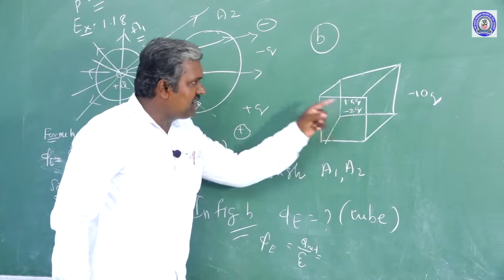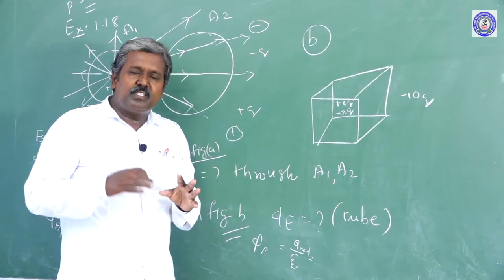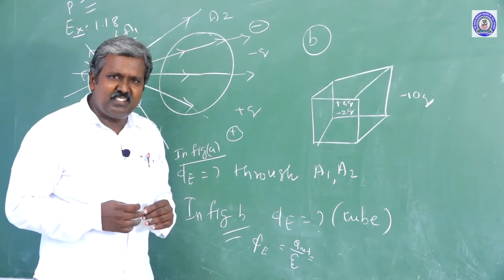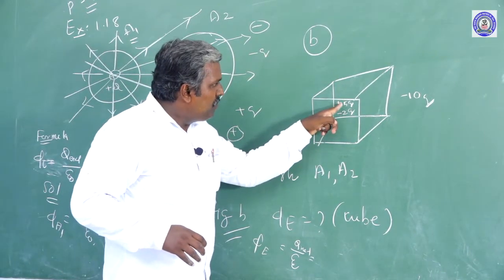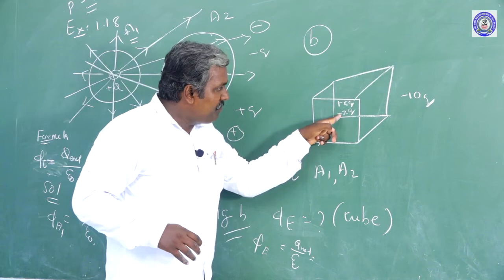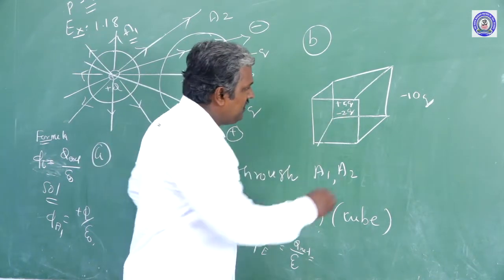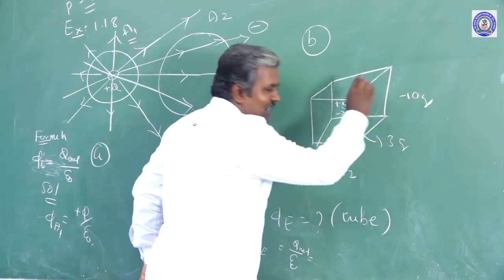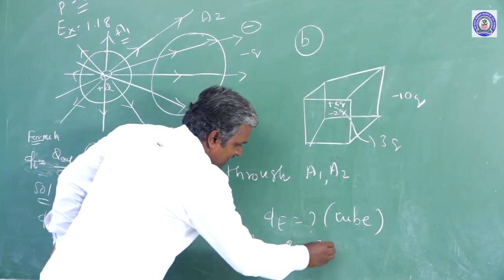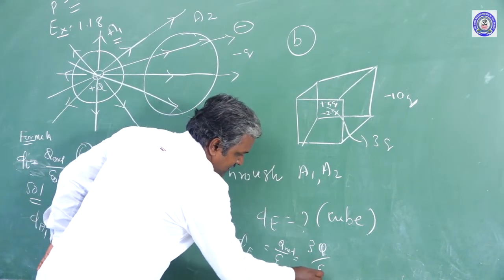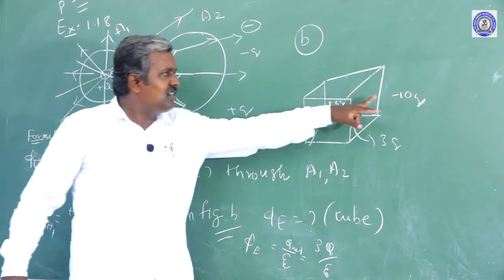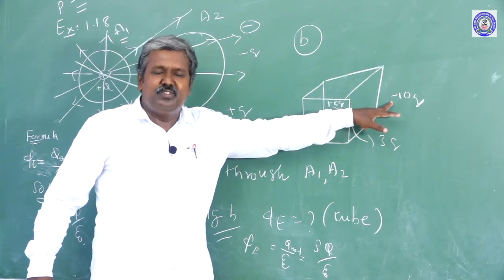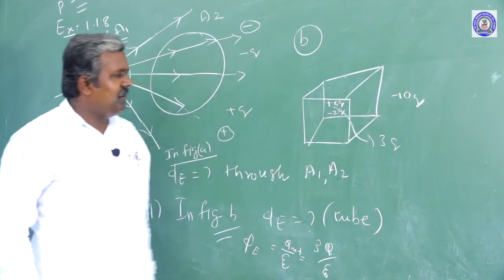So Q net is equal to, already studied in the previous topic, the algebraic sum of charges, the total charge here: plus 5Q plus minus 2Q, which is equal to 3Q. Therefore, that is the total flux through this cube. But the outside charge will not contribute to flux. I am correct or not? That is all very simple.